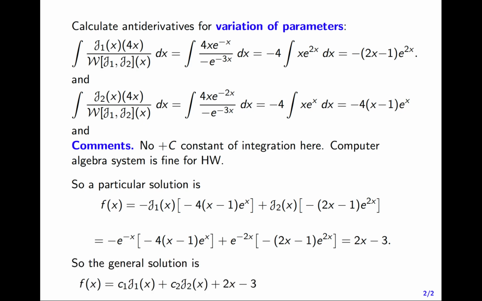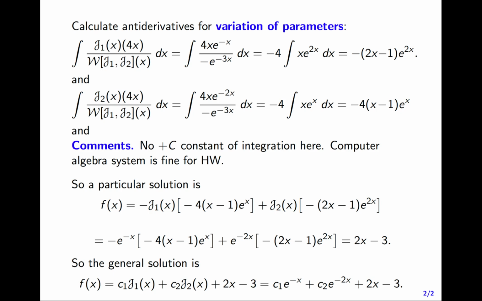And then for the general solution to our non-homogeneous problem, I add in scalar multiples of solutions to the homogeneous problem. Our general solution is f of x equals c1 j1 of x plus c2 j2 of x plus the particular solution 2x minus 3. So that is c1 e to the minus x plus c2 e to the minus 2x plus 2x minus 3.